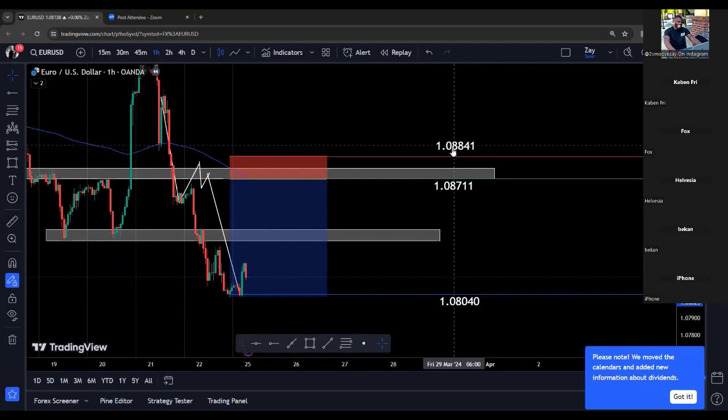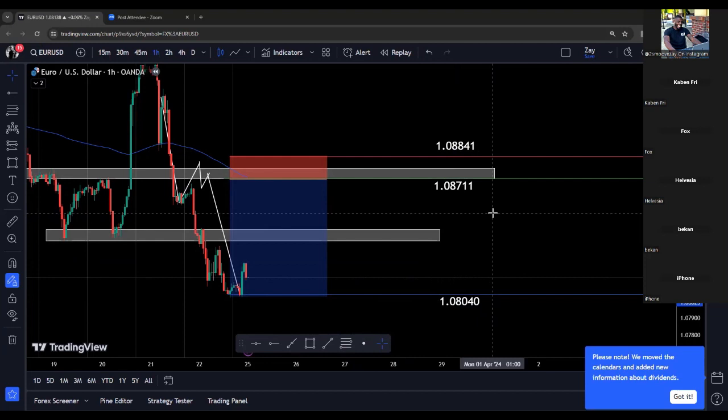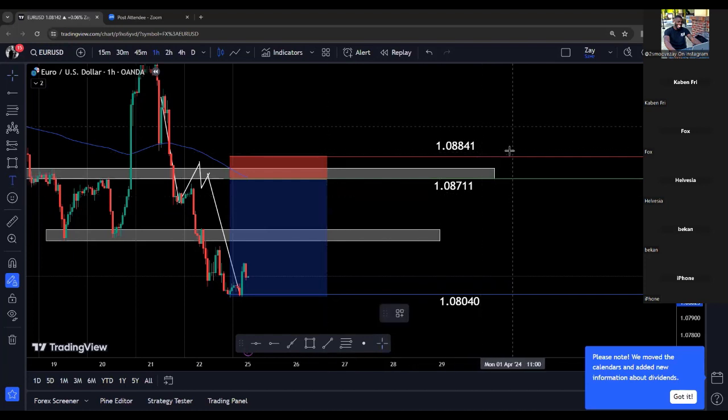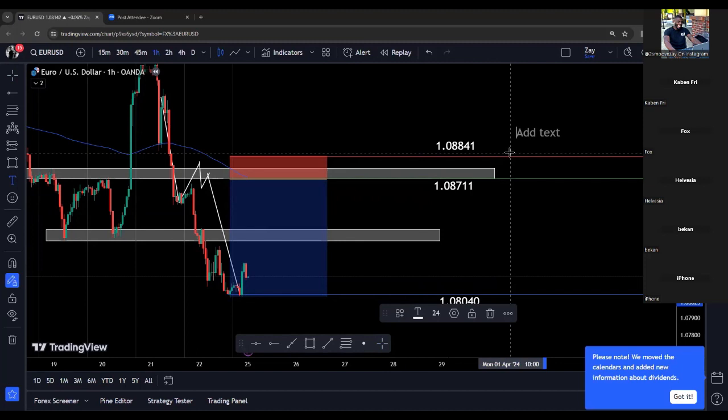So subtract 1.08711 from 1.08841 and tell me what you get for the stop loss, the pips we're risking. That's 13.